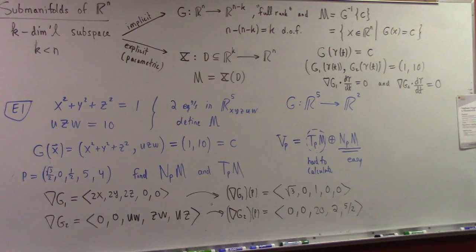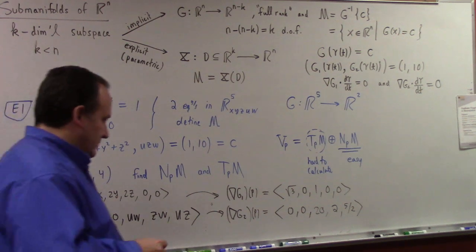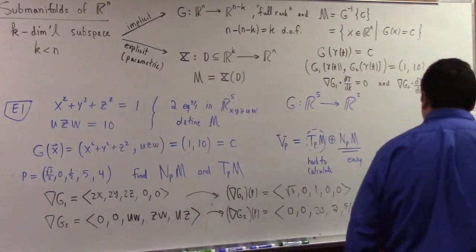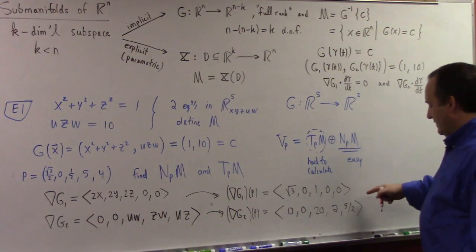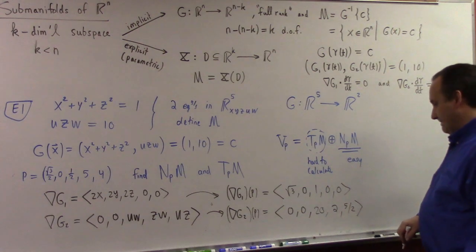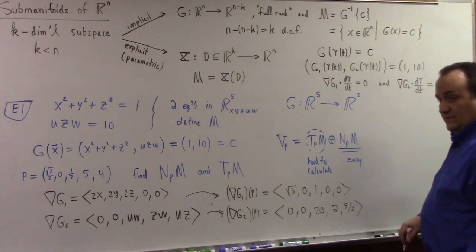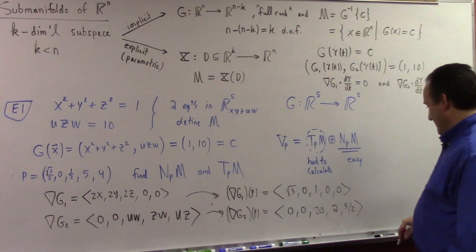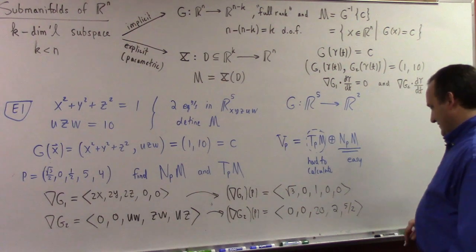How do I find vectors which are perpendicular to these two? The cross product then. Ooh, 5-dimensional cross product. Very ambitious.